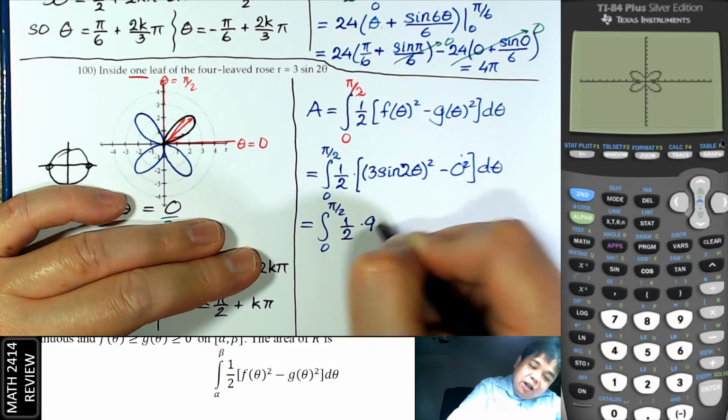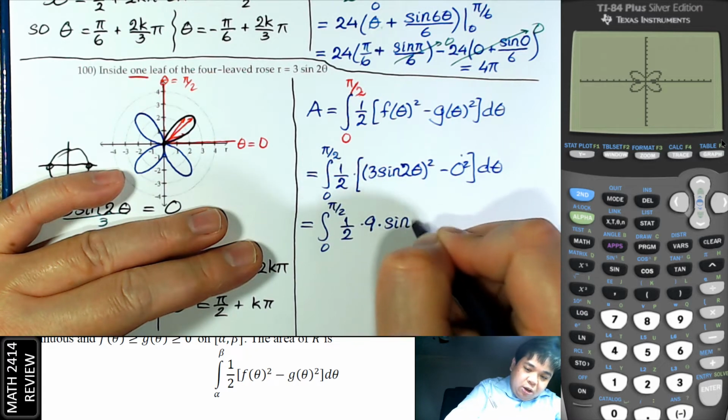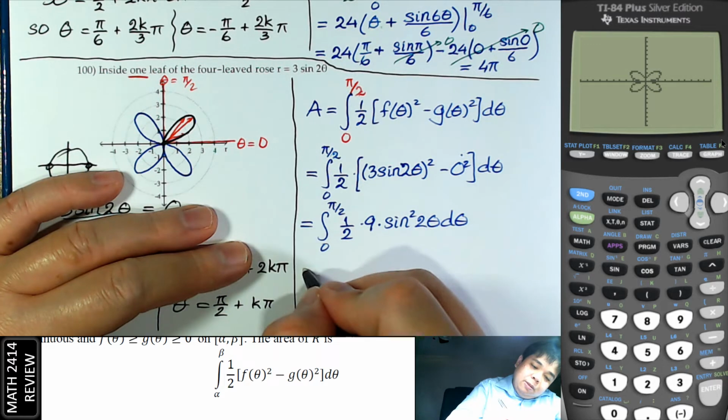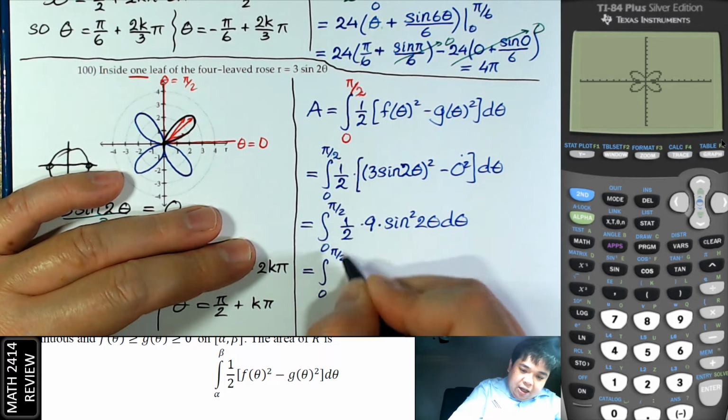That gives us 9. Sine of 2 theta squared is sine square of 2 theta. That gives us 9 over 2.